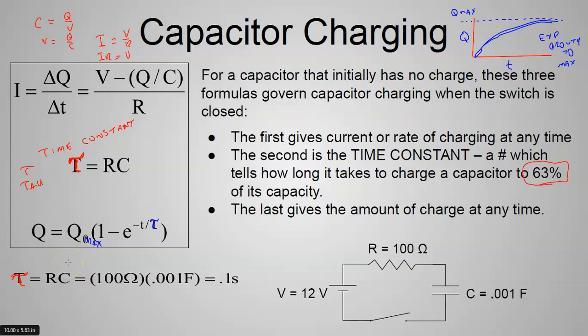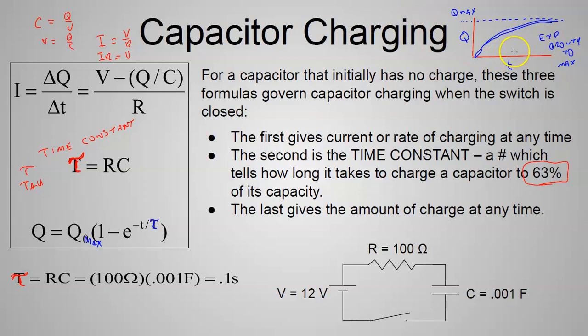That is the formula that says at any time t, how much charge Q do I have on there, and it's going to go all the way up to Q max. This 1 minus e to the negative t over tau gives me that curve. Q max tells me what my maximum level is, and the time I'm measuring this way to get up to a thing. Now remember that 63% that we talked about.